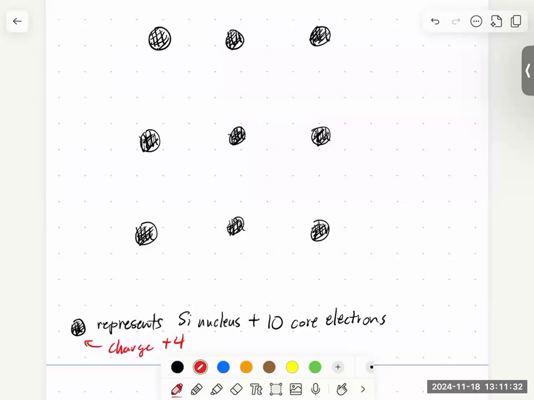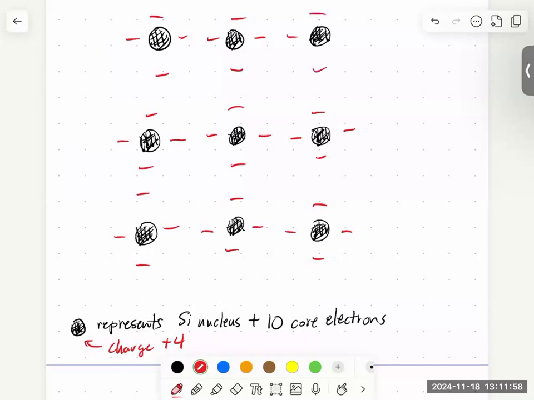All right. So what I need to draw now are the valence electrons. And each of our silicon atoms has 4 valence electrons. And so I'm going to draw 4 valence electrons for each of them. I think that's all of them. Okay.